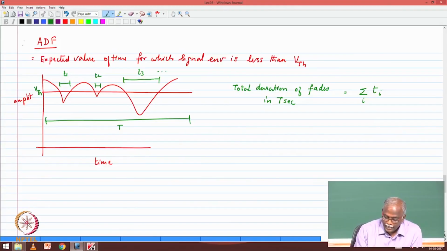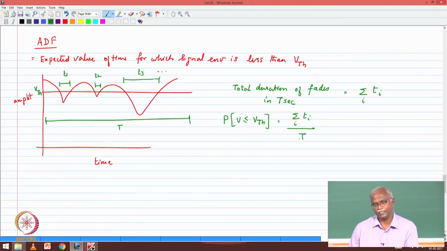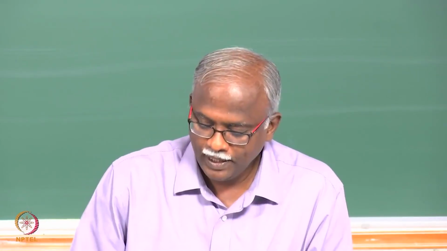Now, the CDF refers to the probability that V is less than or equal to V threshold. From this figure it's easy for us to write that down: it's summation over i of Ti divided by uppercase T. That is the event we are looking at. The event is that you're below a certain threshold in a time span of T.